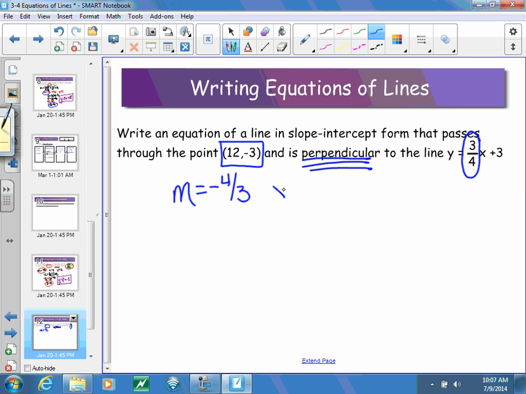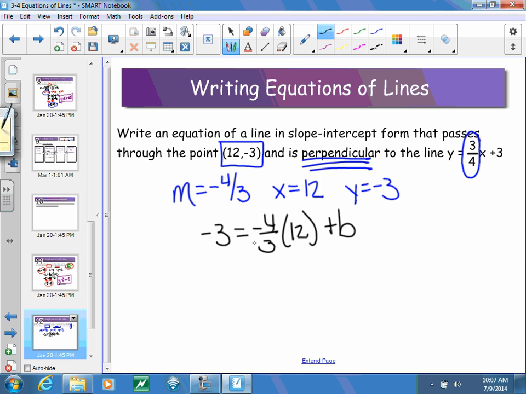We're going to go through the point of 12, negative 3, so x equals 12, y equals negative 3. And we can go ahead now and solve and find our y-intercept. Negative 3 is equal to negative 4/3 times 12 plus b. Negative 4/3 times 12 is going to give me negative 16.